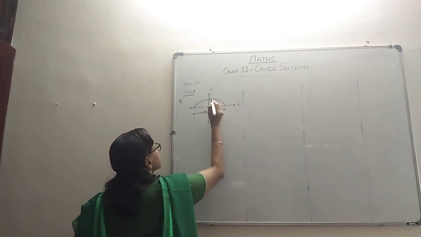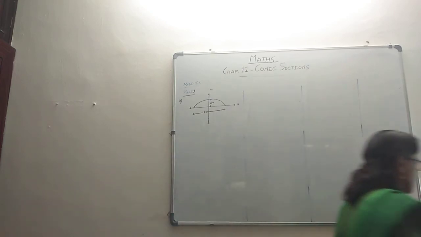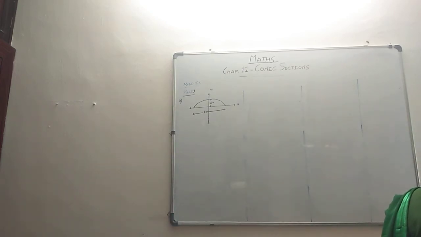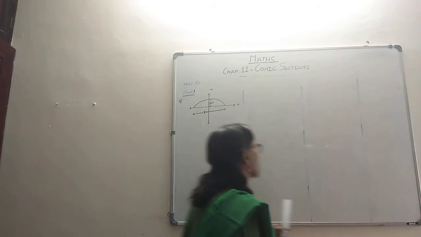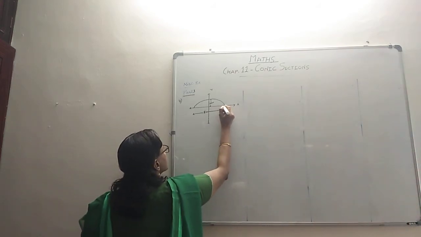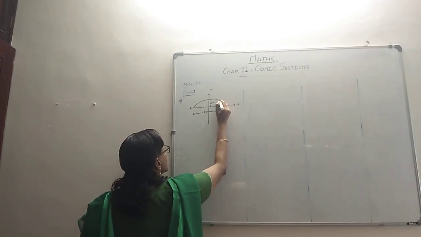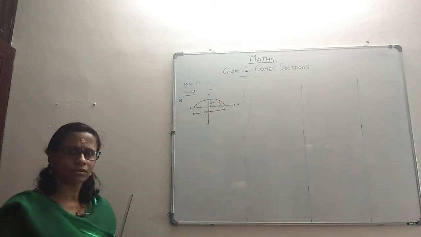Very, very specific. They have given us specific details about the ellipse. They say find the height of the arch at a point 1.5 meters from the end. Suppose I take a point which is 1.5 meters from the edge, then I must be able to find what is the height. That is the question.